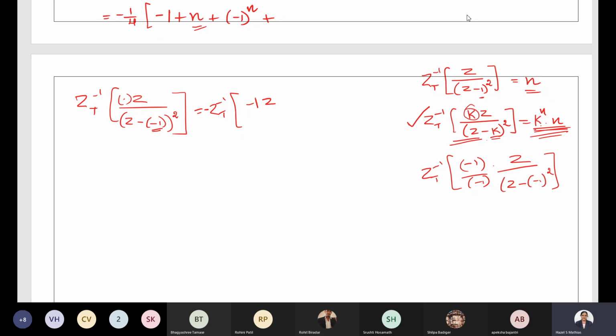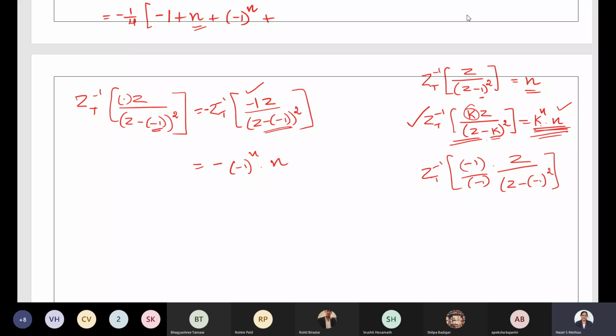So I'll write that minus term outside: minus 1 into z divided by z minus of minus 1 whole square. Now this is of the form inverse Z transform of kz divided by z minus k whole square, which is k power n into n, where k is minus 1: minus 1 power n into n.